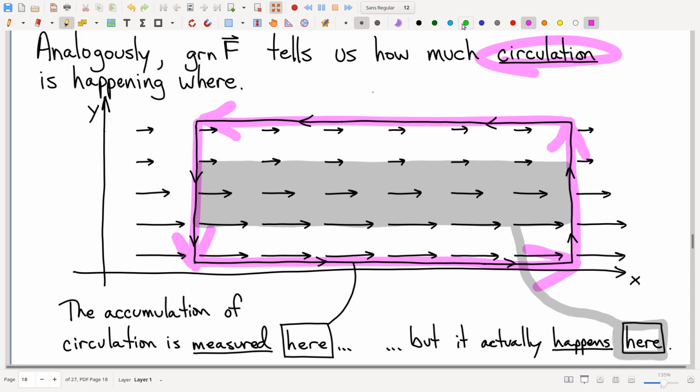I'm going to make the observation that there's some negative circulation happening up here on the top, because look at this piece right here. The flow is that way, but the curve is going that way. It's going the opposite direction. So to what extent is the fluid flowing in the direction the curve is going? It's quite the opposite.